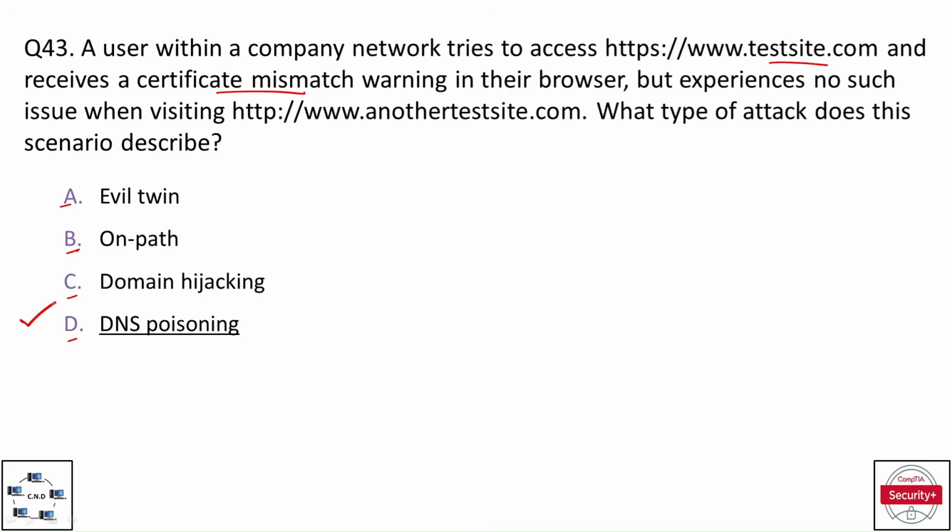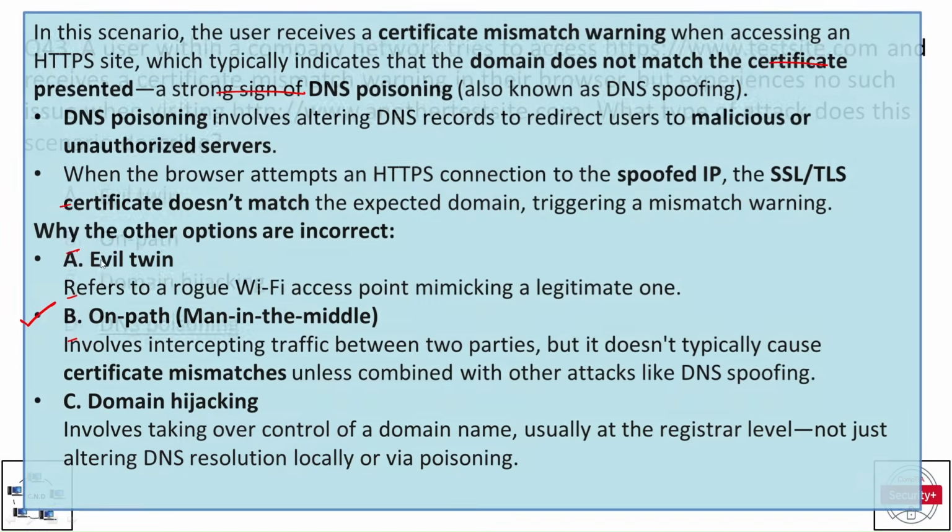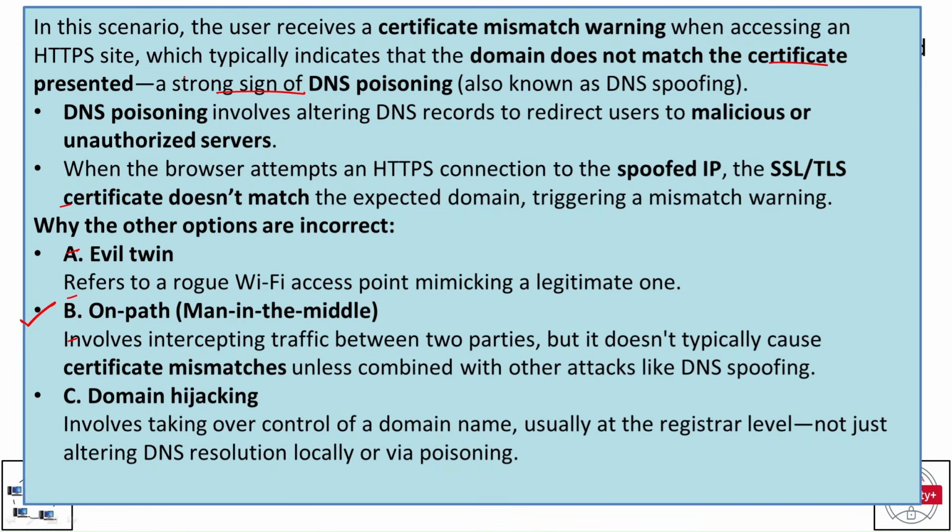option D, DNS poisoning. So in this scenario, the user receives a certificate mismatch warning when accessing an HTTPS site, which typically indicates that the domain does not match the certificate presented, which is a strong sign of DNS poisoning, also known as DNS spoofing.